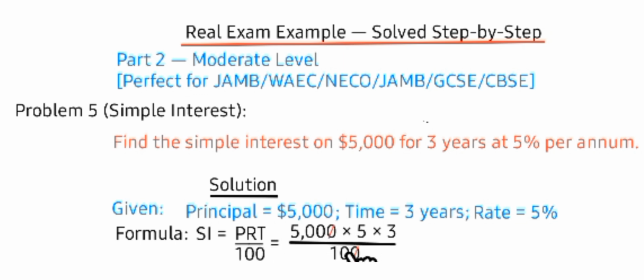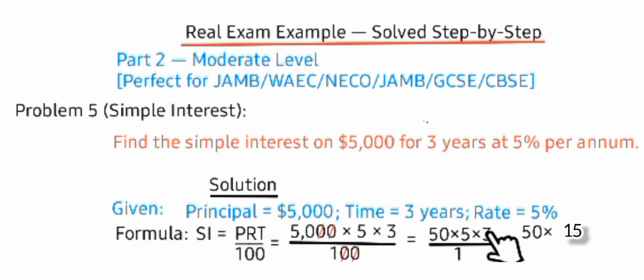Also, the 0 here eliminates the other 0. So at the end of the day, at the numerator, we are left with 50 multiplied by 5 multiplied by 3, divided by 1. 50 multiplied by 15 is 750, divided by 1, 750. Therefore, the simple interest on $5,000 for 3 years at 5% per annum is $750.